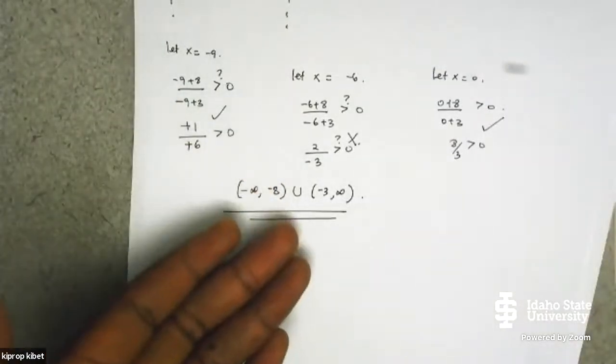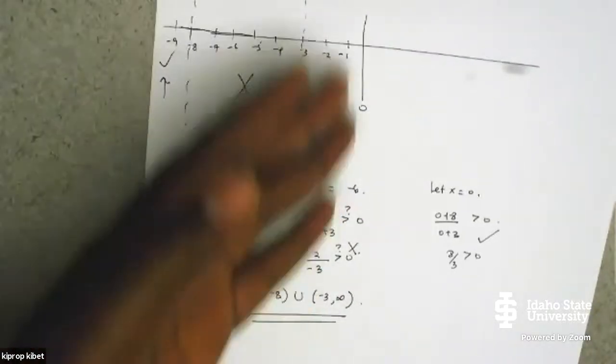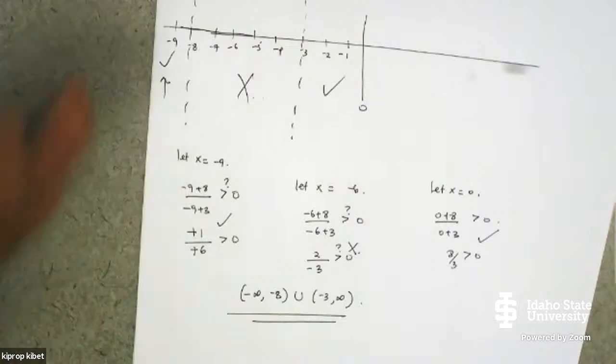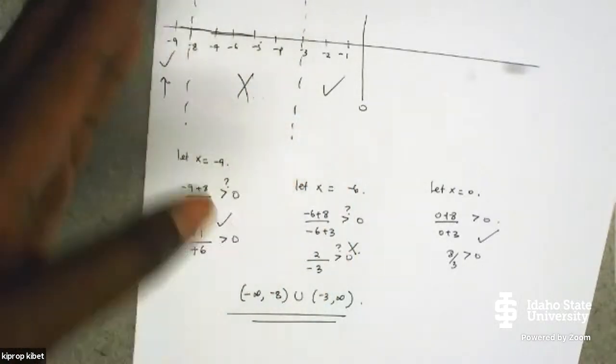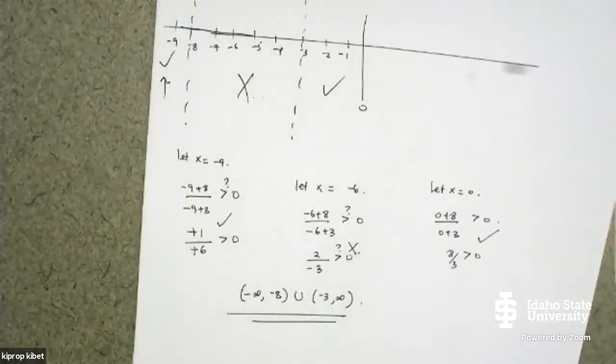So you see how simple it is. Once you get your intervals there, if it is odd, you just come and test those results, and then you use the union. Any question?